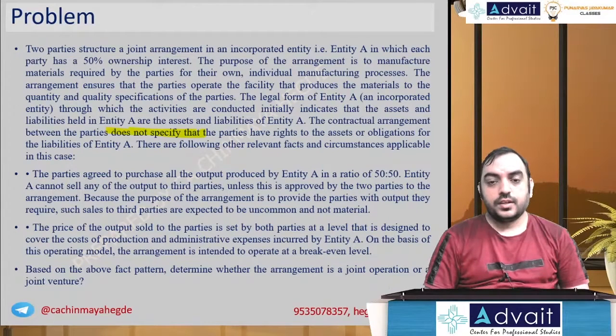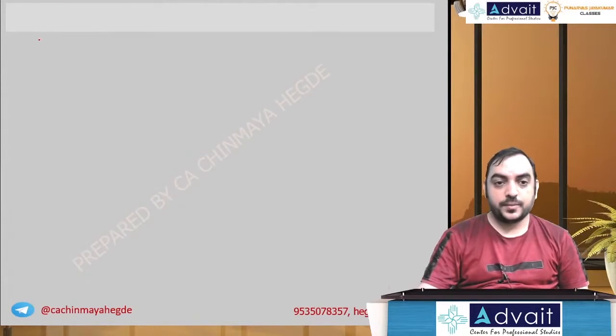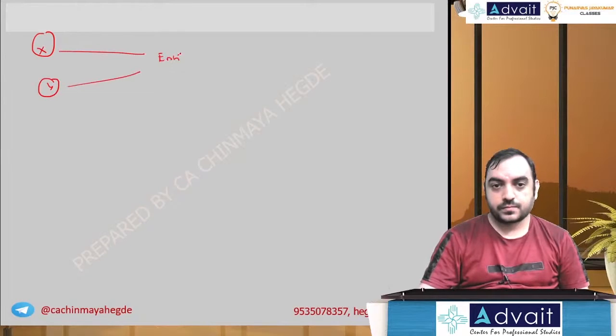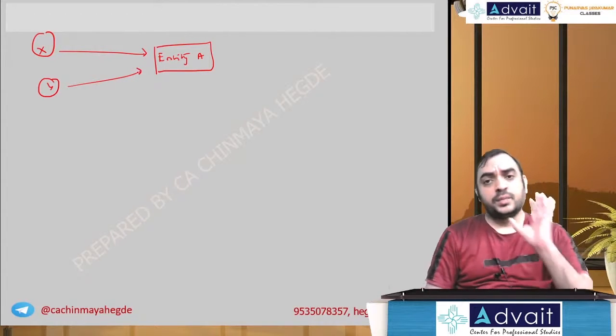There are two parties, let's say X and Y. They have 50-50% each in entity A. Okay, there is a separate entity.